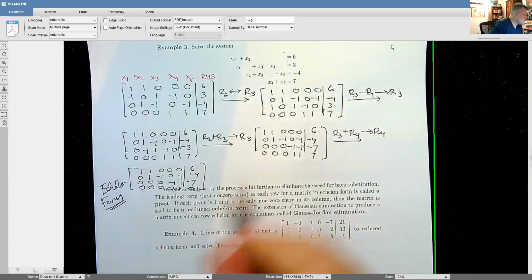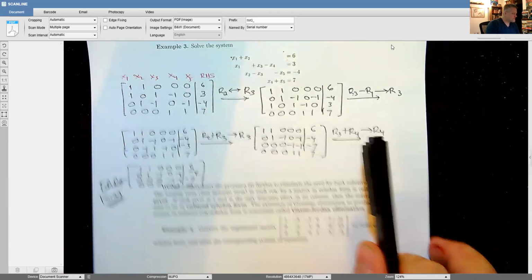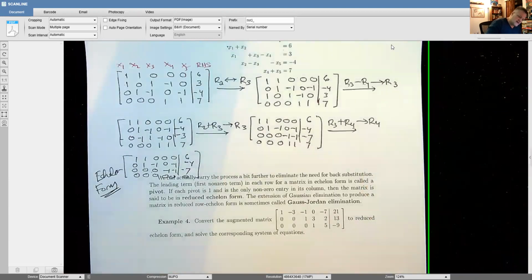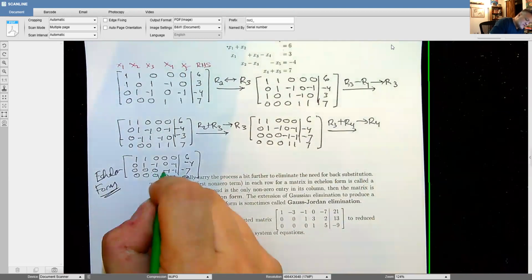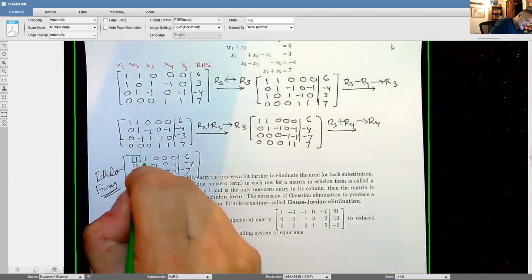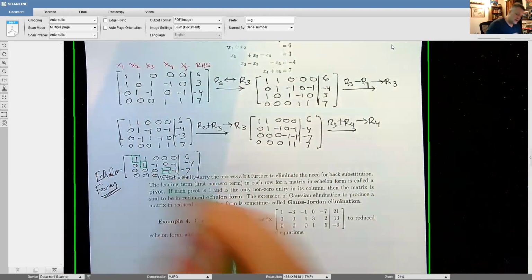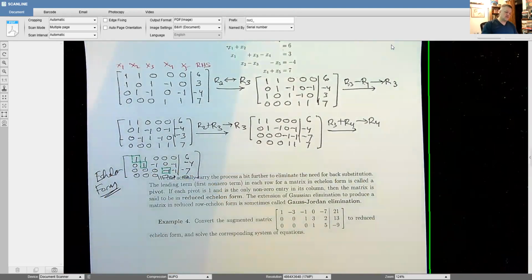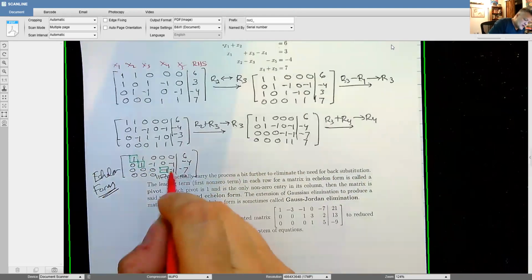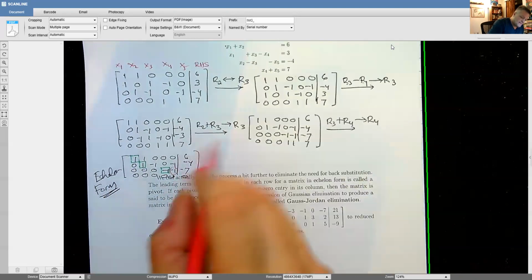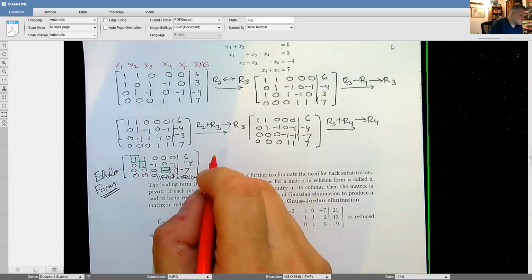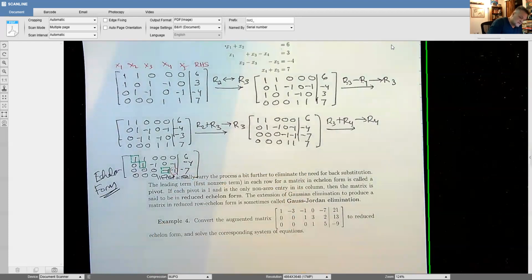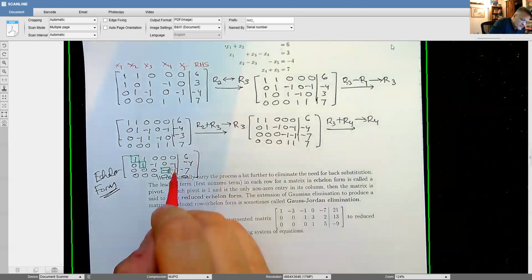Okie doke. So now let's identify what the pivots are. The pivots are the leading terms. So I got that guy, and this guy. Everything else, we have to determine the free variables. So that is free, right? That variable is x5.